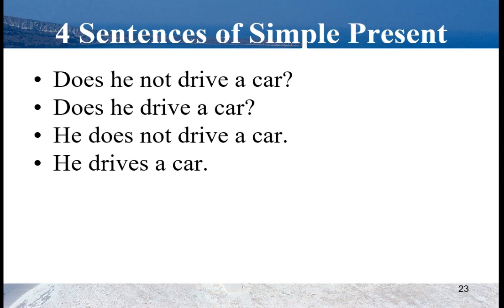Had he been driving a car since 6 o'clock? Had he not been driving a car since 6 o'clock? He will have been driving a car since 6 o'clock. He will not have been driving a car since 6 o'clock. Will he have been driving a car since 6 o'clock? Will he not have been driving a car since 6 o'clock?